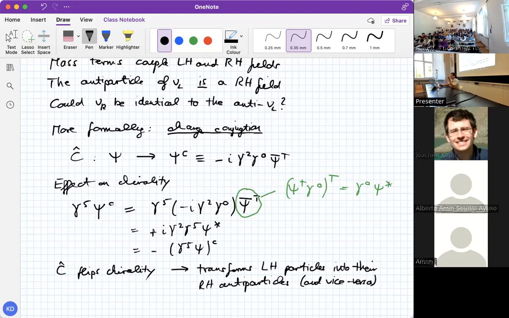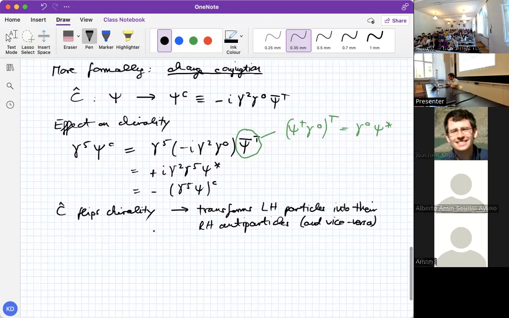Because now we have a formal way of defining a right-handed state starting from the left chiral field that we have available in the standard model. And that's what we need for a Majorana neutrino mass. So what we do now is we will identify the field that we previously called nu right. We are going to identify this with the charge conjugate of the left-handed field.